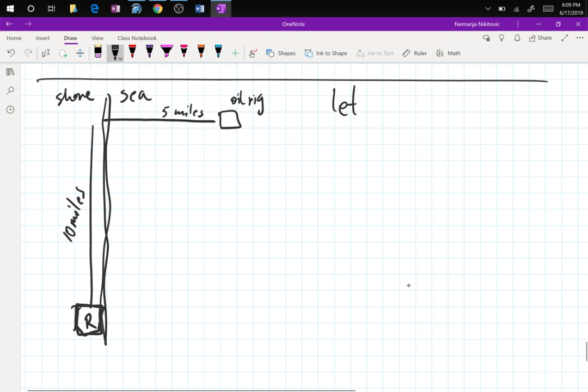So let 1 mile of pipeline cost on the ground, let's say, $250,000. Very expensive.